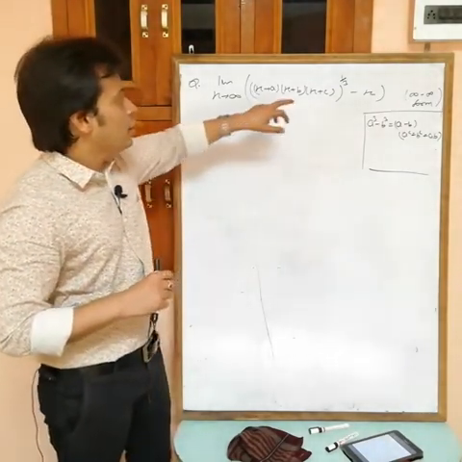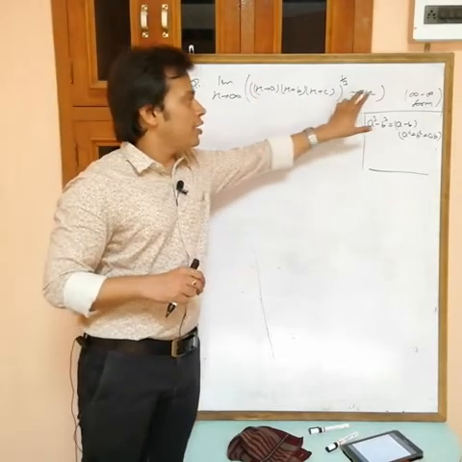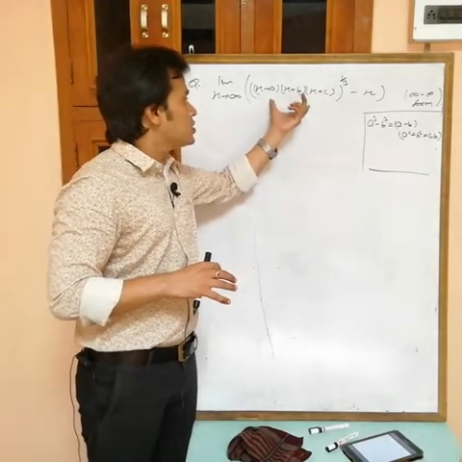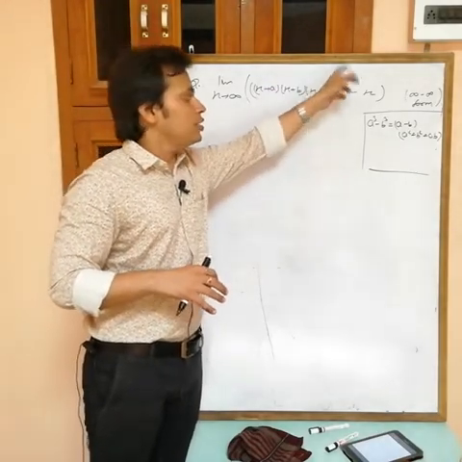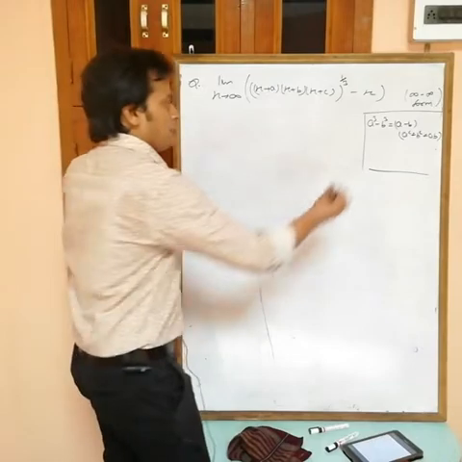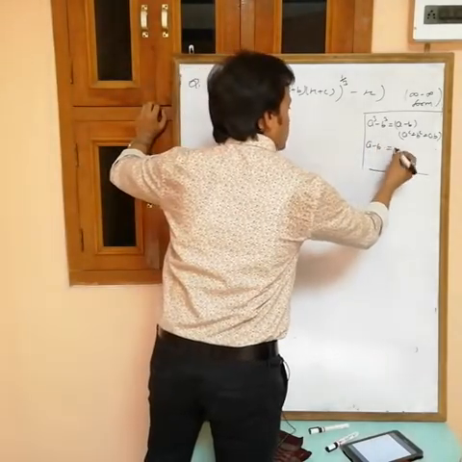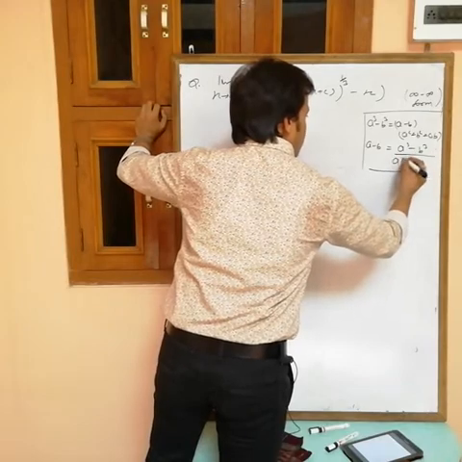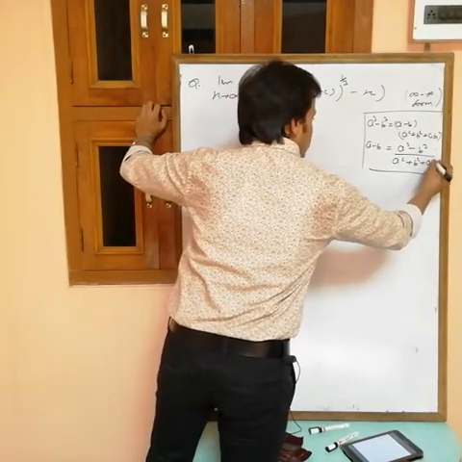Here this is like a minus b. If we get this one to the power 3 and that one to the power 3, then the 3 will be cancelled out. So from this, a minus b is equal to a cube minus b cube by a square plus b square plus ab.